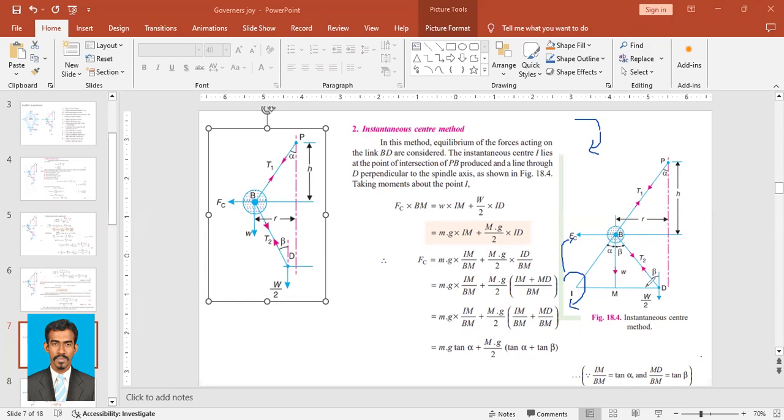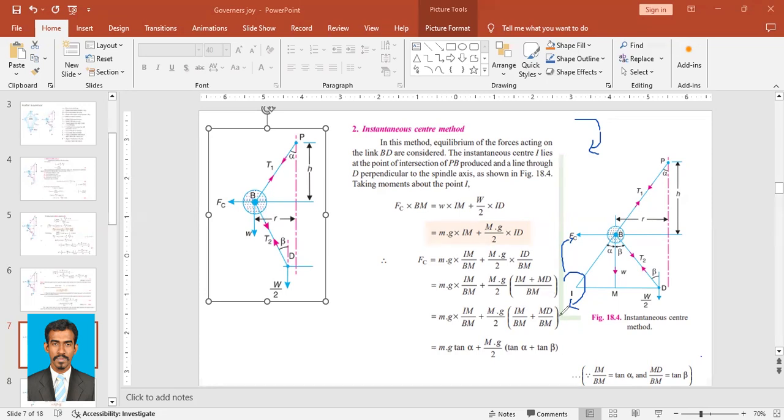This ID can be written as IM plus MD. So IM plus MD upon BM. So small mg into IM upon BM plus capital Mg by 2 into, taking it together, IM upon BM plus MD upon BM, right?